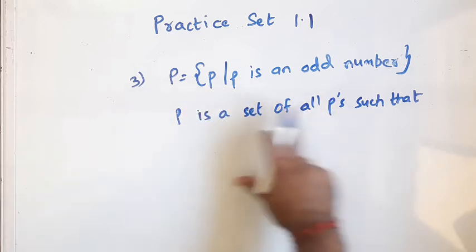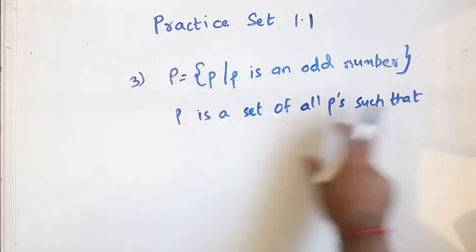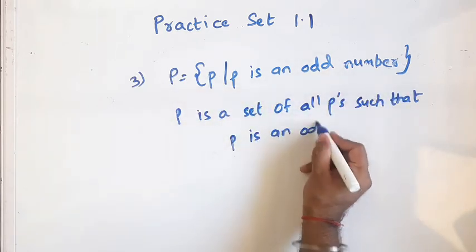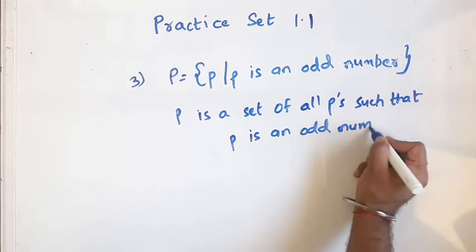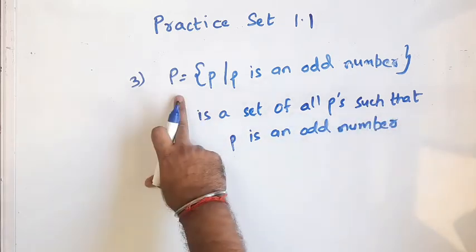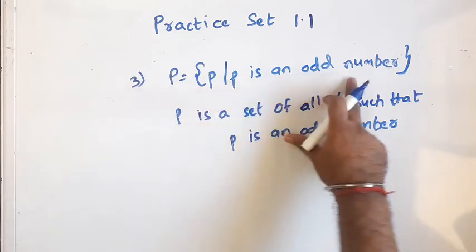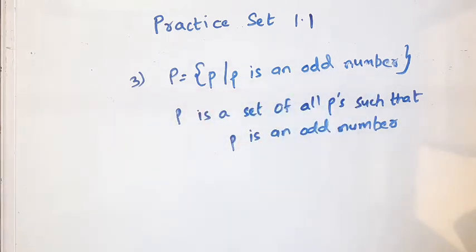This line, this stroke, is read as such that. Then you have to read the rest in full: p is an odd number. So P is a set of all p's such that p is an odd number.